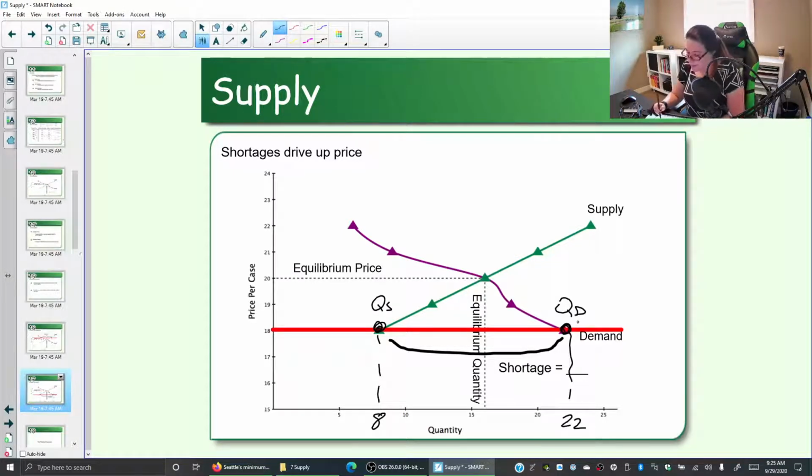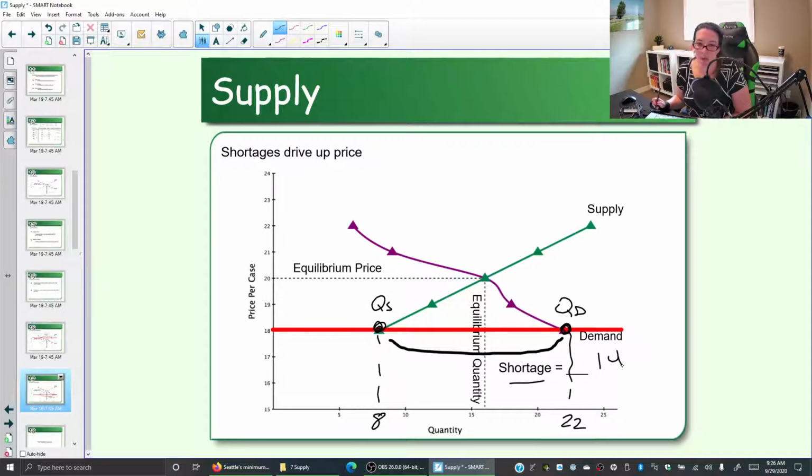So quantity demanded is more than quantity supplied. Customers want more than businesses are willing and able to sell. There's a shortage. And here, if customers want 22, but there's only 8 available, then we have a shortage of 14.